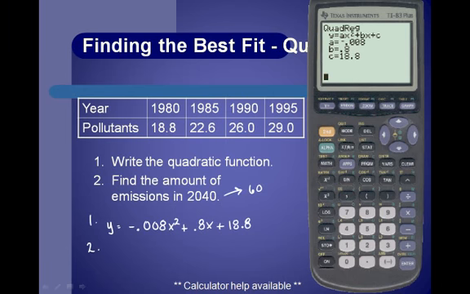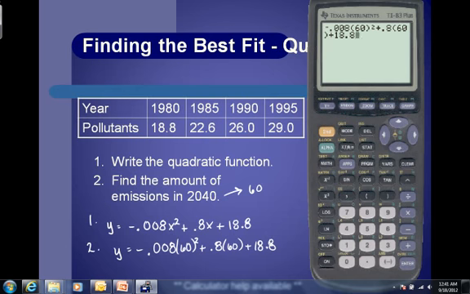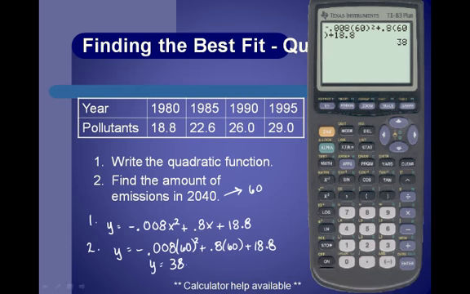So we are going to go into our formula and plug in x is 60. So we get y equals negative 0.008 times 60 squared plus 0.8 times 60 plus 18.8. So when we enter that into our calculator, we get y as 38, which means in the year 2040, the pollutant emissions would be 38 million tons of emissions.